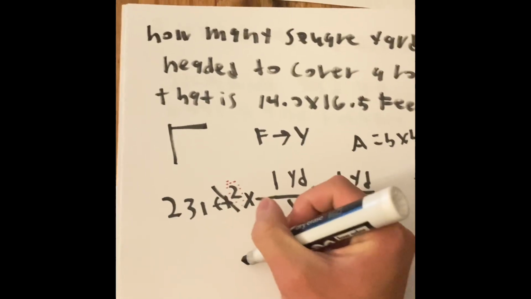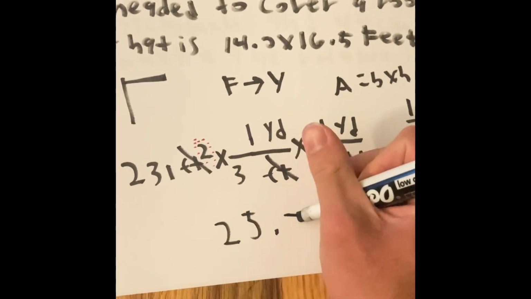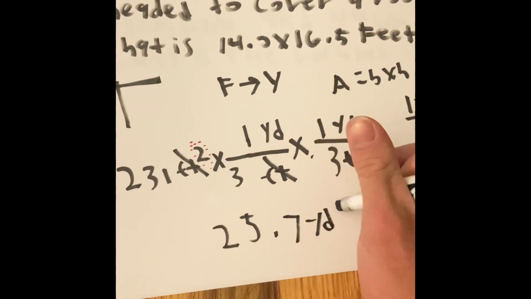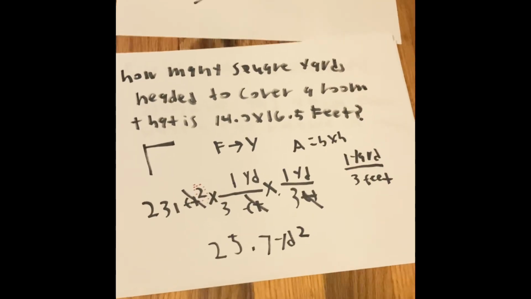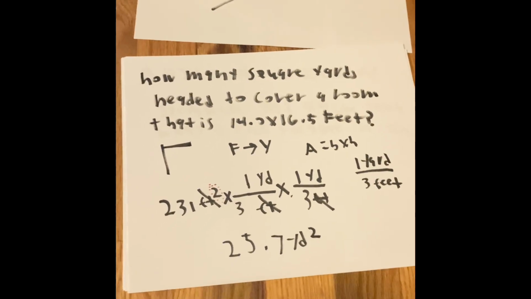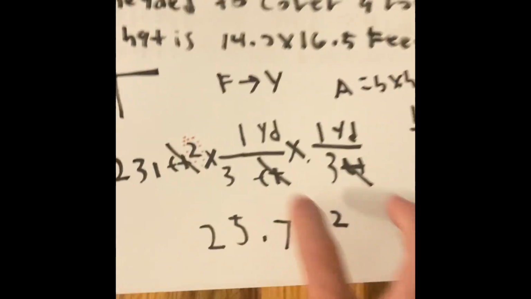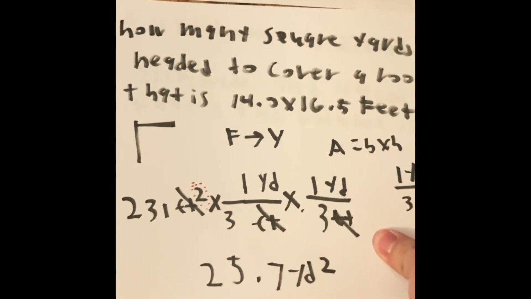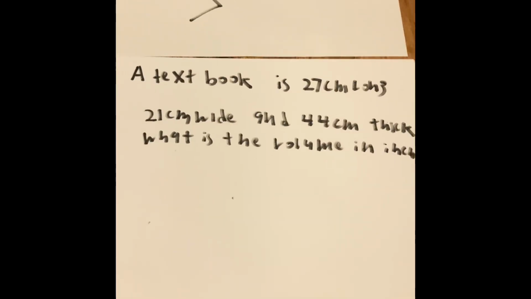We get an answer of 25.7 yards squared. So when you convert dimensions and you have an exponent, you repeat the same steps as before. Let's look at the next problem.